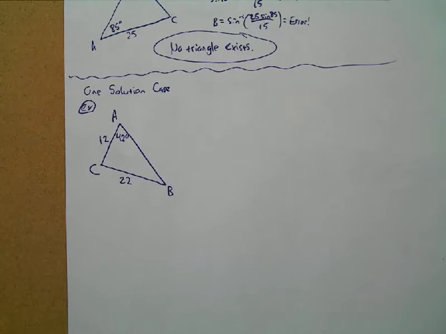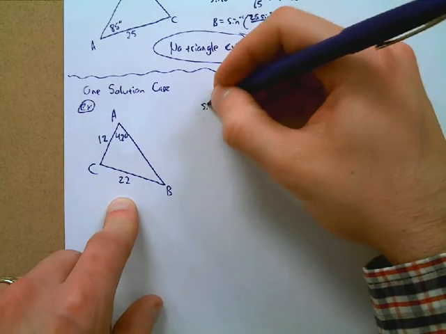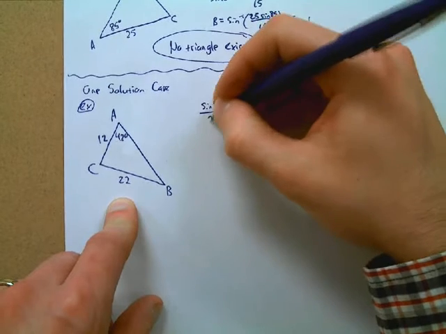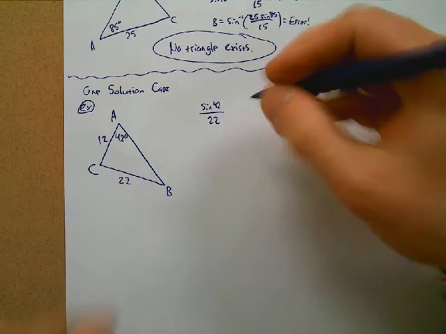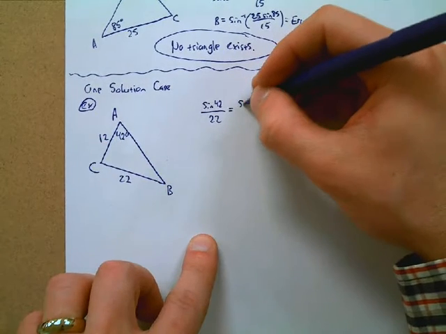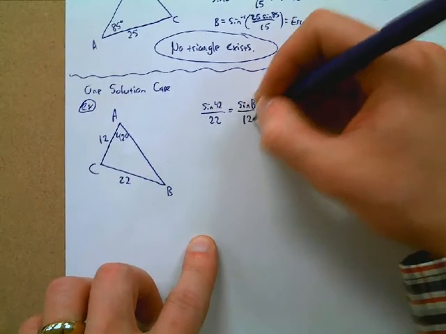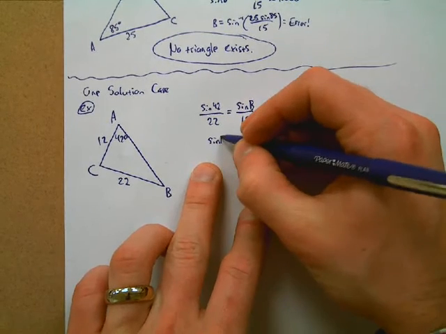We had to set up, picking our angle and opposite side, so sine of 42 over 22. And then we go for angle B because we have that opposite side 12 there. So sine of B over 12. When we cross multiply, we get sine of B is 12 sine of 42 over 22, and then we do sine inverse.